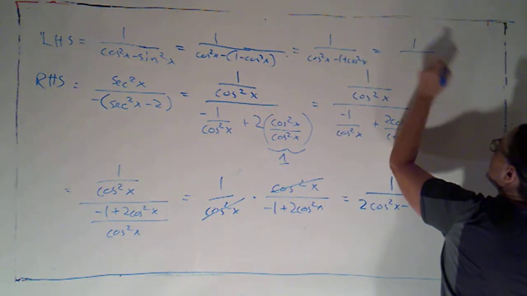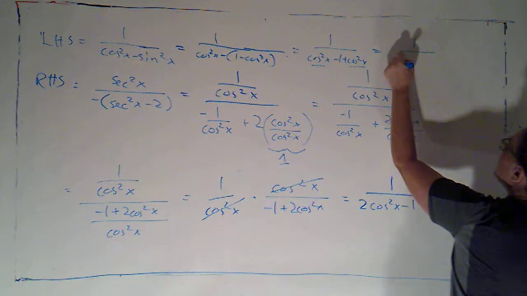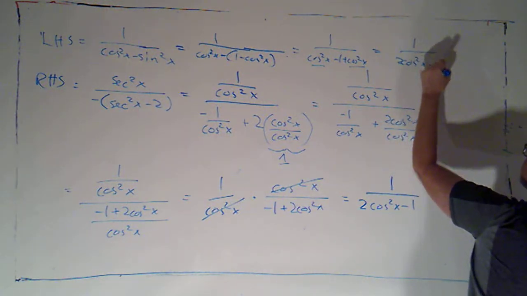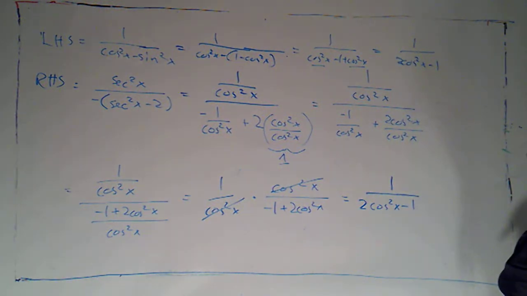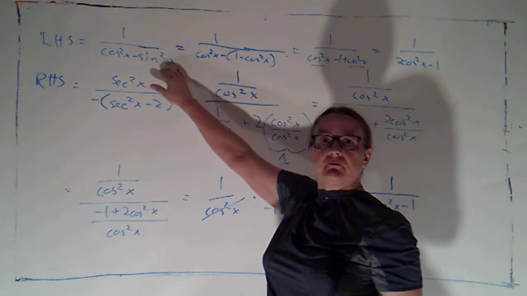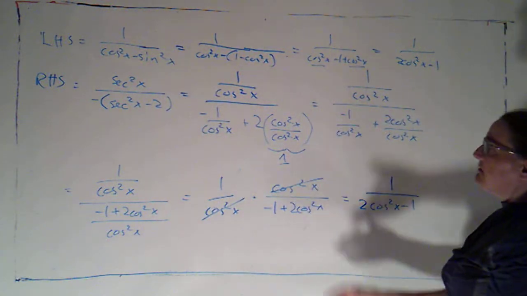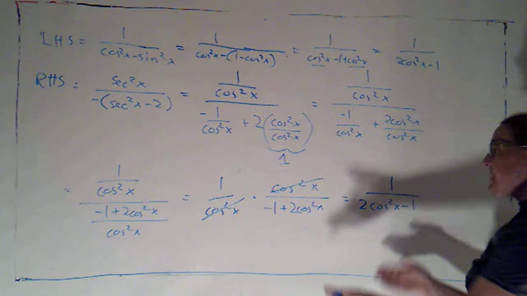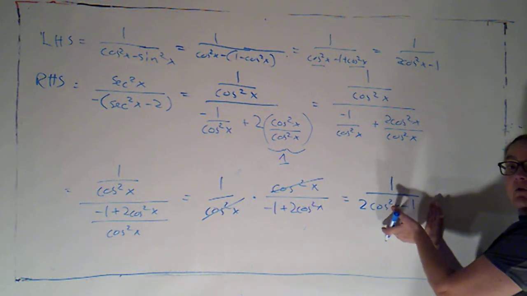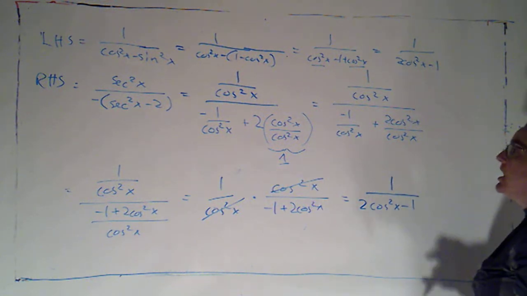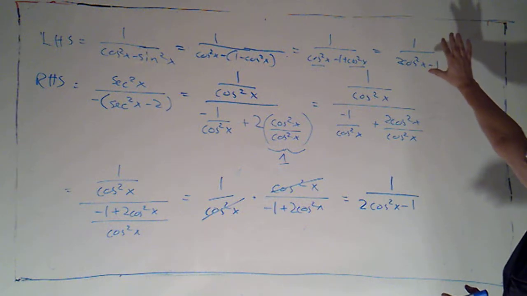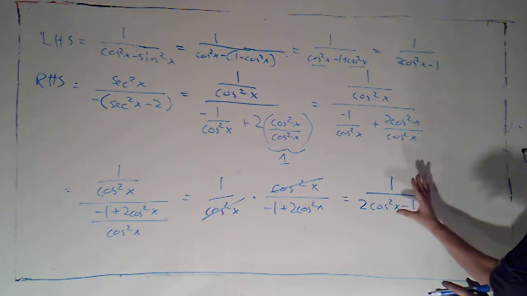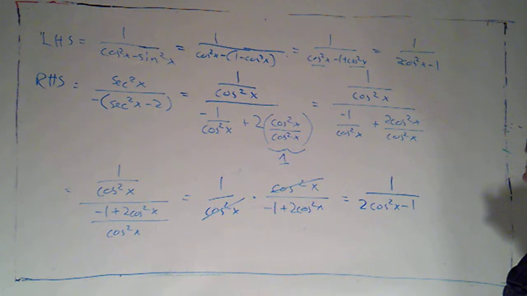And that becomes 1 over, I can combine these, 2 cosine squared x minus 1. Okay. So I thought I was done here, so I stopped. Then I discovered that I could actually keep going once I had a more specific goal for where I wanted to get to. Okay. But you'll notice the work for the left-hand side and the work for the right-hand side were separate. I did not assume they were equal to each other.